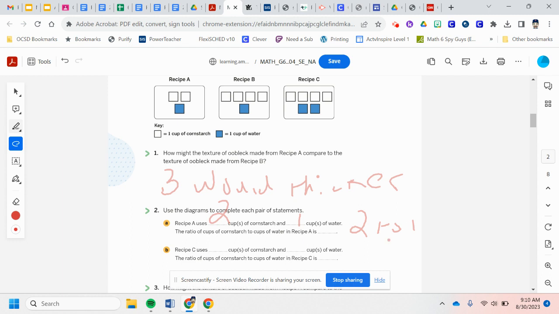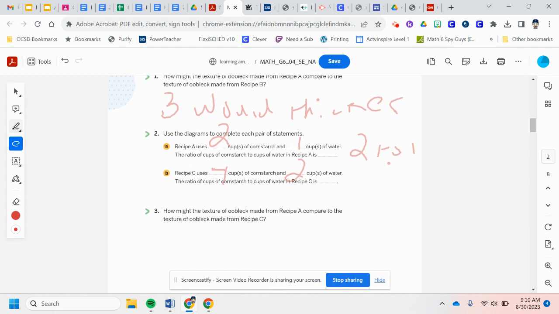Recipe C has 4 cups of cornstarch with 2 cups of water. So the ratio of that recipe would be 4 to 2. My finger is not working with this program, and I'm so sorry.